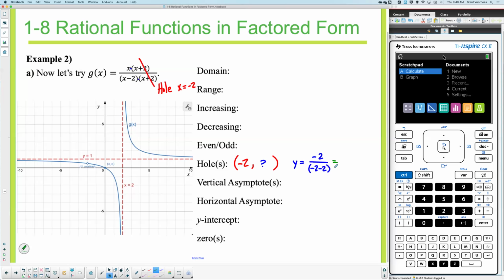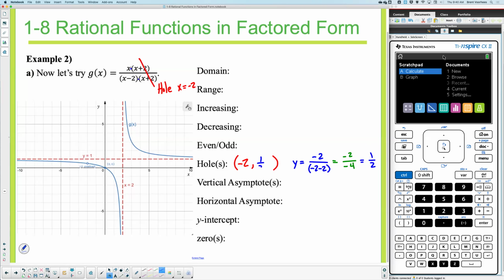Mathematically, what's -2 minus 2 more? -4. So I have -2 divided by -4. Two negatives become a positive. 2 goes into 4 how many times? That becomes 1/2. So my y value is 1/2.